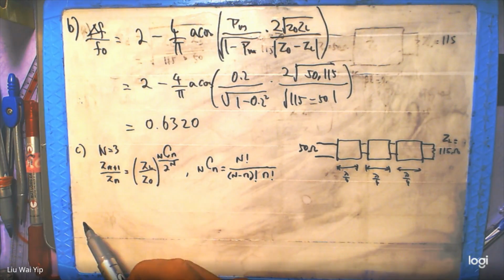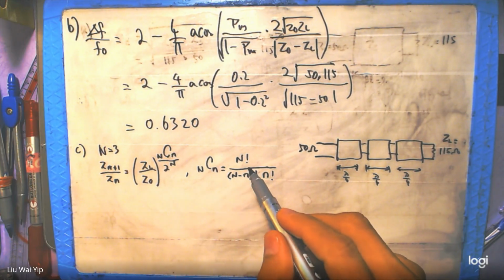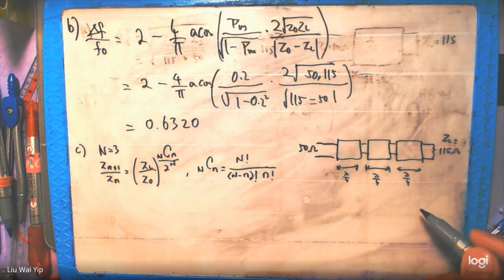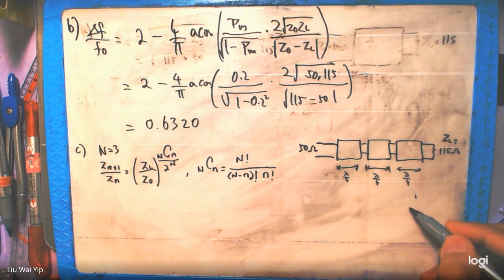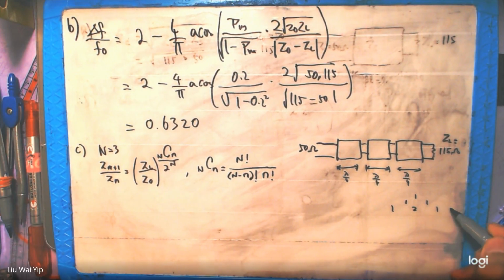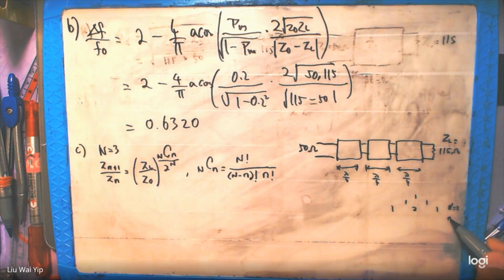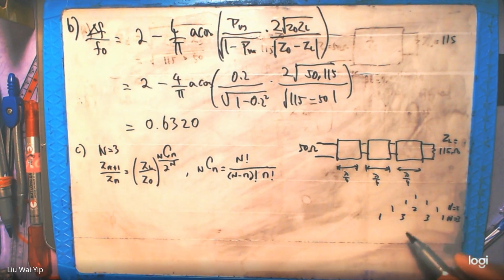So using the Pascal triangle, we can say 1, 1, 1, 2, 1, 1. So this is N equal to 2. And N equal to 3, sorry, big N, we have 1, 3, 3, 1.